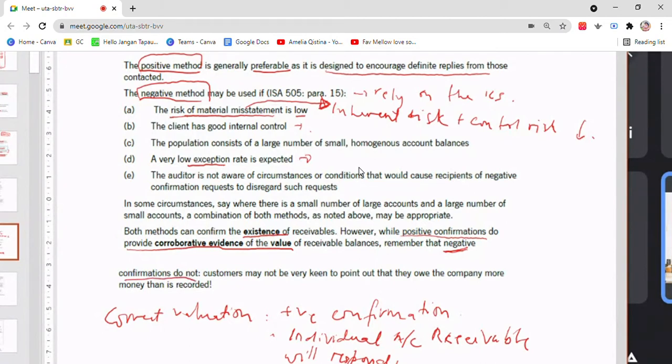So if you choose to send a positive confirmation, then you can support the correct valuation of the accounts receivable. But if you send a negative confirmation, a customer may not be very keen to point out that they owe the company more money than is recorded. So normally you will not get the objective for correct valuation.